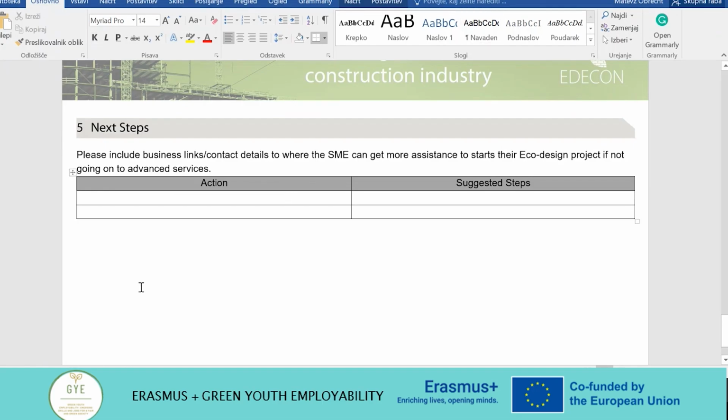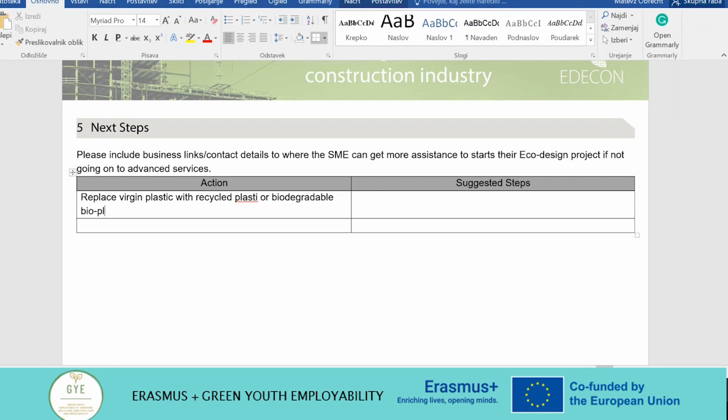So maybe there will be a measure, I don't know, replace virgin plastic with recycled plastic or biodegradable bioplastic.